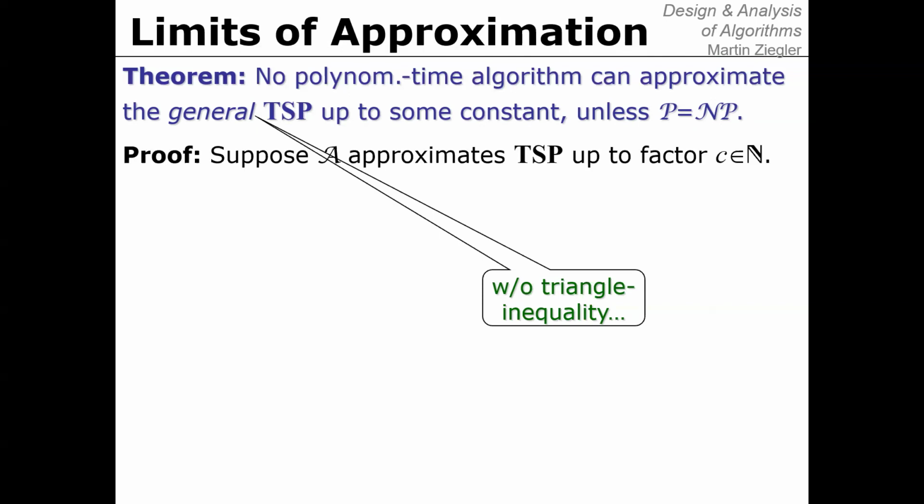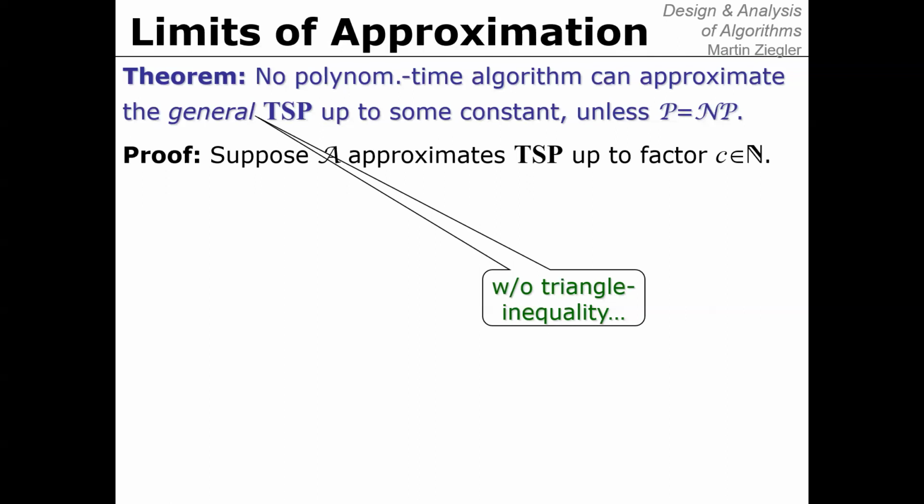And the proof is by contradiction. We suppose there is an approximation factor C, a constant, and suppose there is a polynomial time algorithm A, which approximates the general non-metric traveling salesperson problem up to this guaranteed factor. And now we're going to play adversary again, right?